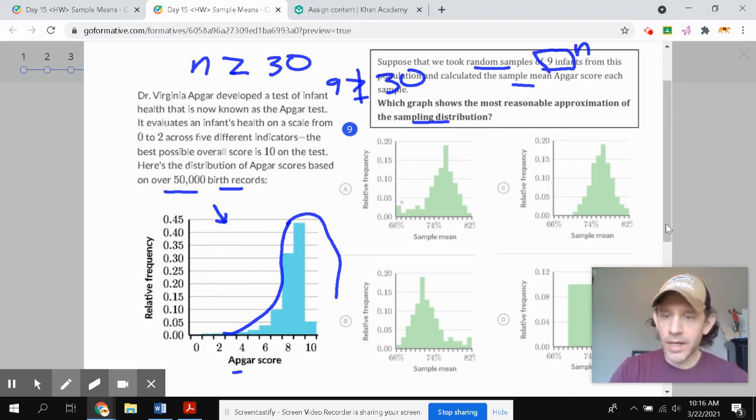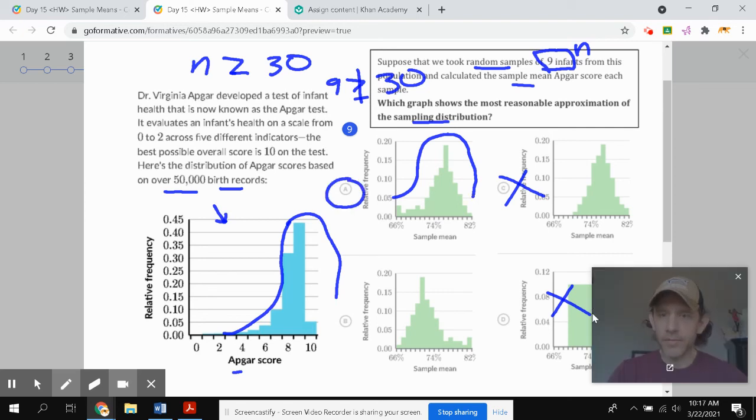Since we're not approximately normal, we're not going to be C. That looks like a bell shape, right? Definitely not uniform. So which one of these, A or B, mirrors or replicates that shape of the population? And we'll see that it's A, right? Skewed to the left. This one's also skewed to the left.